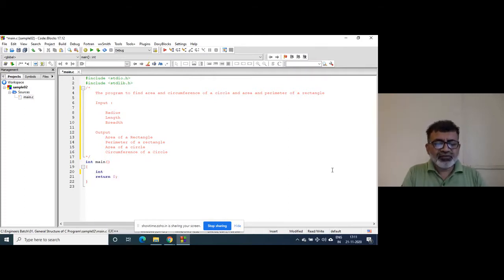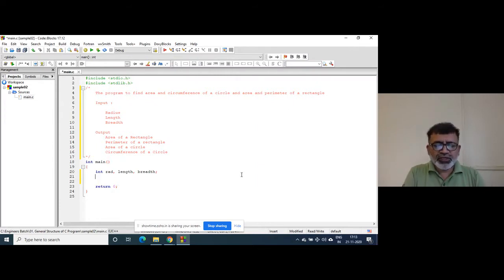So I will declare one variable for radius, right? Another variable for length and breadth. So these are variables for the input, right? And we want to print this information.